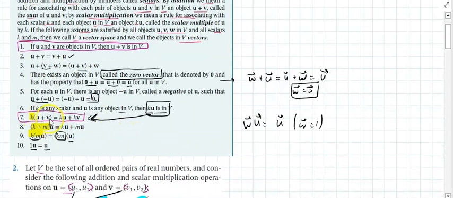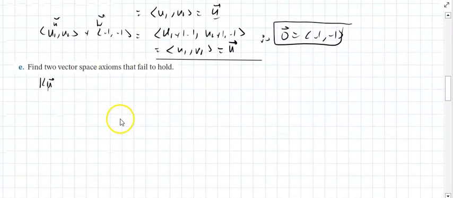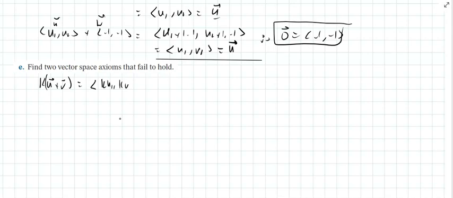If I take k into u plus v, I should get ku plus kv, number 7. Well, that is going to be what? If I multiply it out, that's going to be ku1, ku2 plus kv1, kv2.